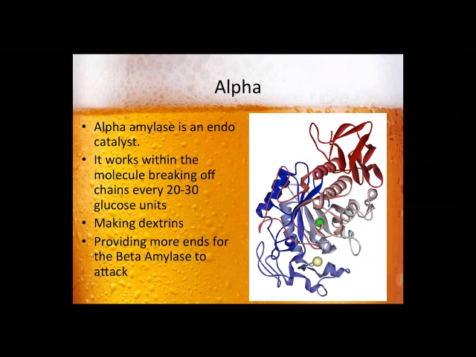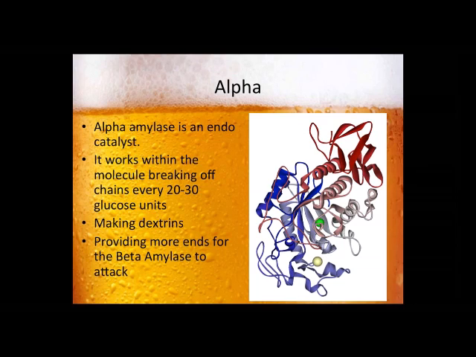Alpha amylase is an endoenzyme. It works inside of it, in. It works inside of these amylopectin and amylose molecules. It's breaking off big chunks, say every 20 to 30, 40 glucose units. That basically gives us a soluble sugar, long chains of sugar molecules, which are referred to as dextrins.